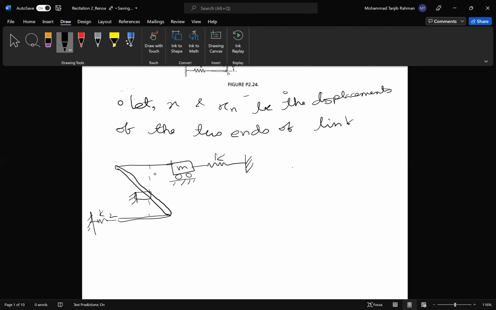So I'll just say this displacement is X and this displacement is Xn. Also, we're given that this distance is B and this is A, and we're going to call this angle theta. All right.